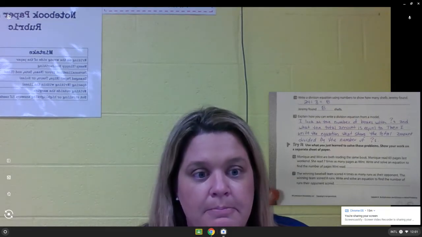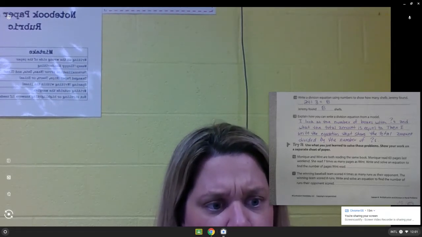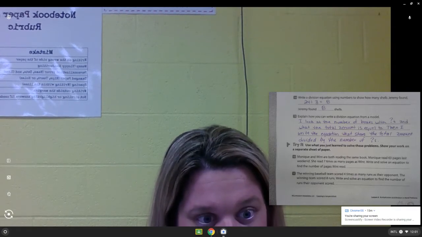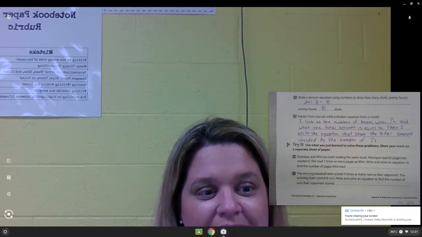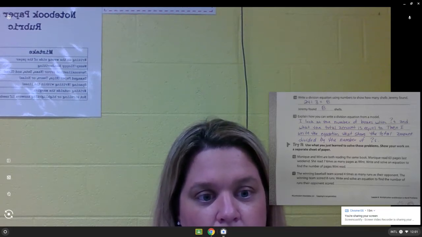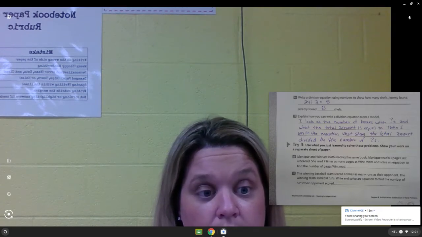All right, number 16. Monique and Whit are both reading the same book. Monique read 63 pages last weekend. She read 7 times the amount as Whit. Write and solve an equation to find the number of pages Whit read.